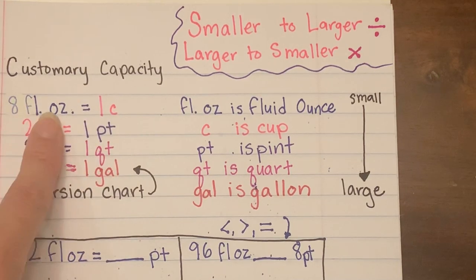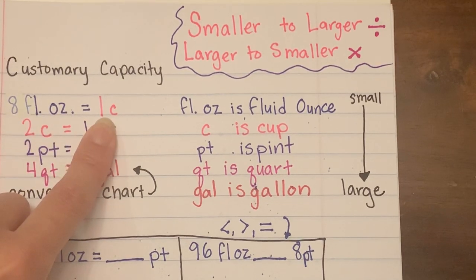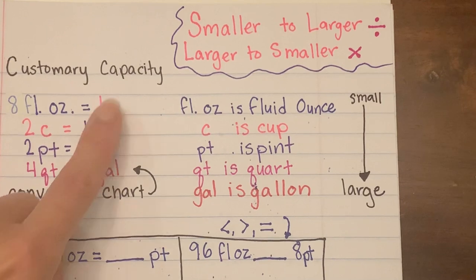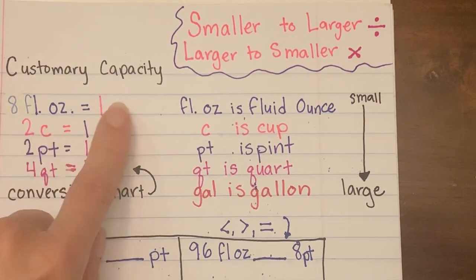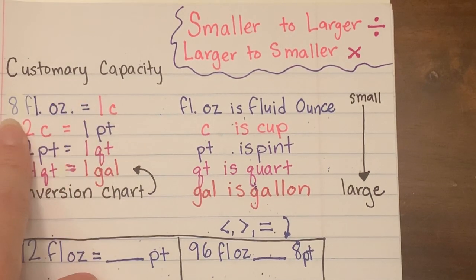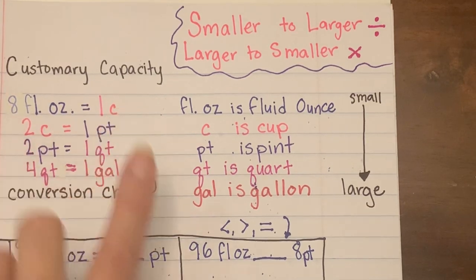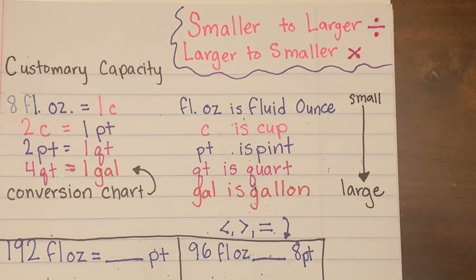So 8 divided by 8, because there's 8 fluid ounces in 1 cup, 8 divided by 8 is going to equal 1. However, if I start on the right-hand side and go left, I would be multiplying by 8 because there's 8 fluid ounces. So 1 times 8 is going to be equal to 8. So remember, if I'm going smaller to larger, I divide. If I go larger to smaller, I multiply.